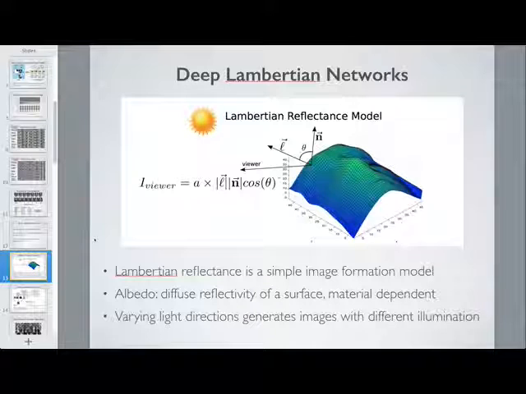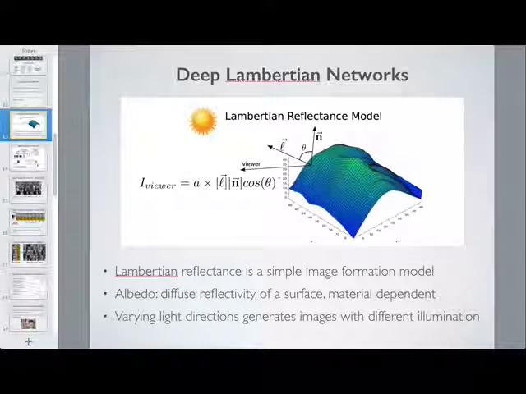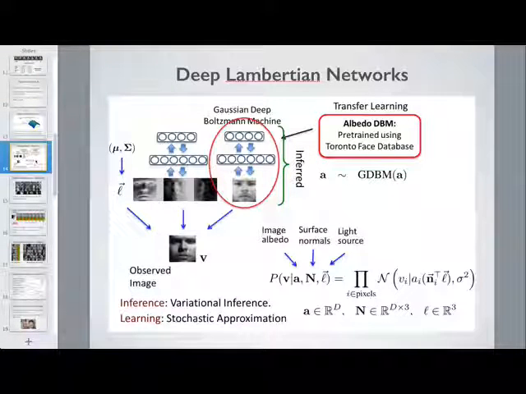What it says is that if you have a 3D surface, the cosine of the angle between the lighting vector striking the surface and the surface normal, times the albedo, is proportional to the intensity that a camera might capture. This is the physics-based model, and what we do here is we put this operation, the Lambertian assumption, into a deep belief network or a deep Boltzmann machine.